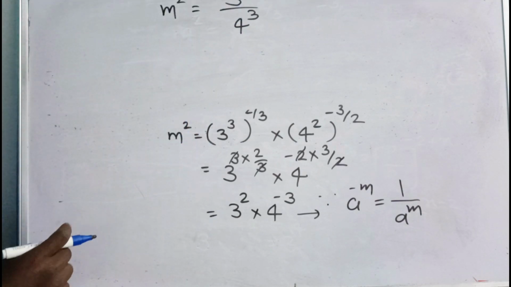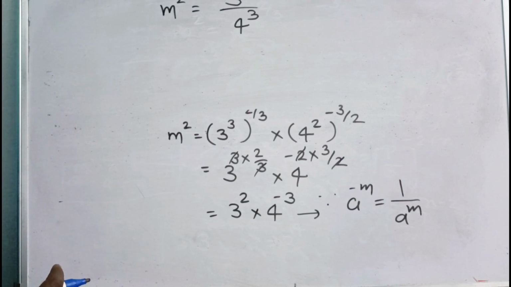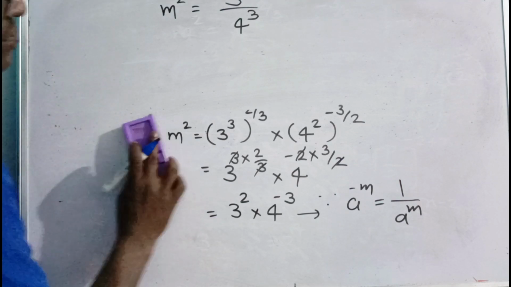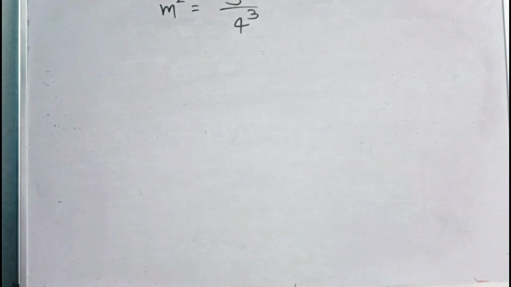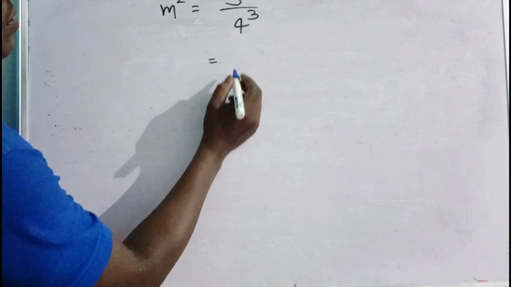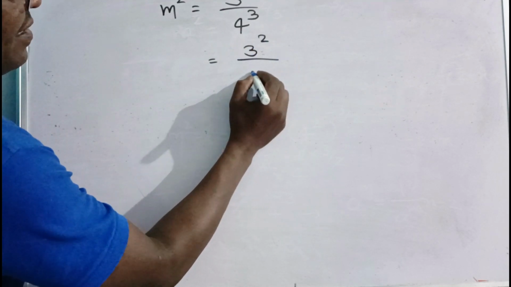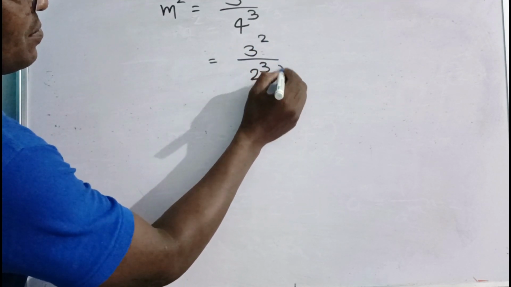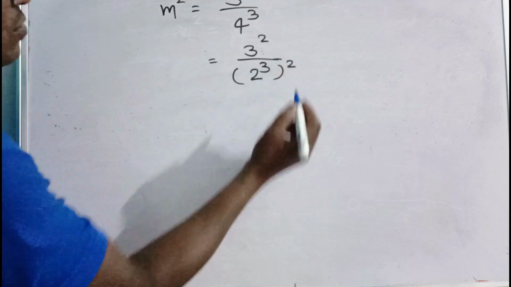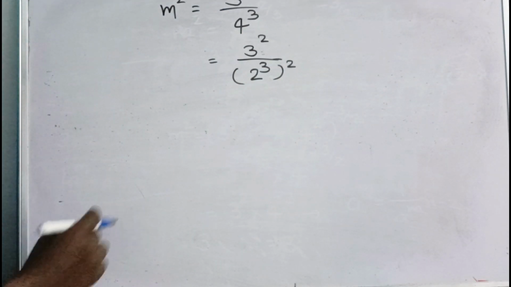m square is equal to 3 square divided by 2 cube raised to the power 2. ये कैसे निकाला?